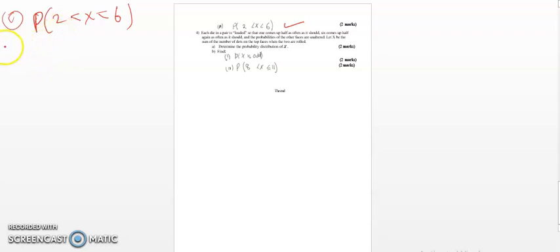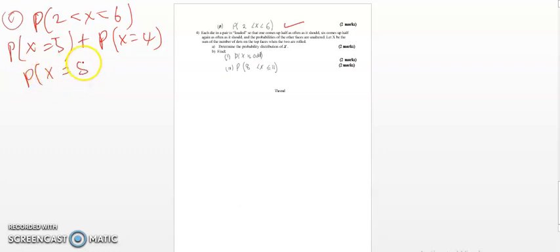So we are taking the probability when X is equal to 3, plus the probability when X is equal to 4, plus the probability when X is equal to 5. 6 is not included because X must be less than 6, and what is less than 6 is 5.